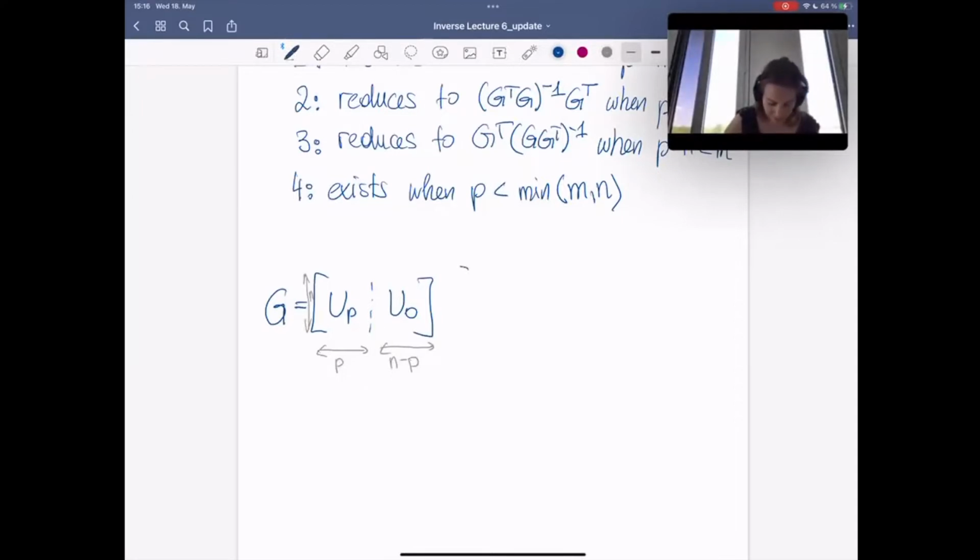Now let's have a look at the lambda part. So we have the diagonal matrix for lambda for all those with non-zero eigenvalues and zeros all elsewhere. And this is actually size p, m minus p here. And in this dimension, also p and n minus p.